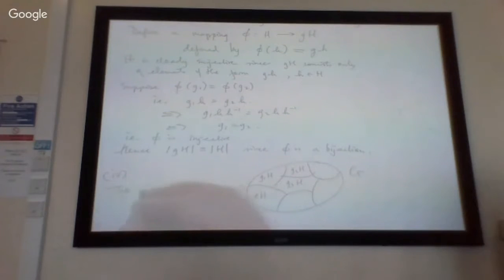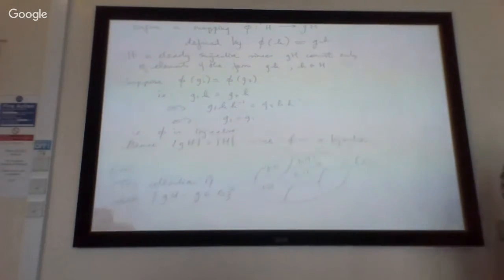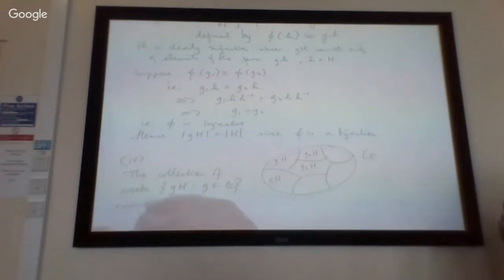So the collection of cosets, this is the set of gH where g goes over G, actually partitions G. Well, let's say since every element of G is contained in a coset, how do you prove that?